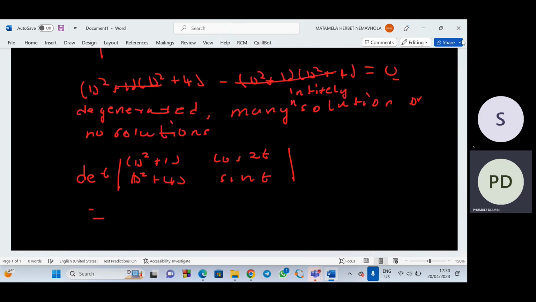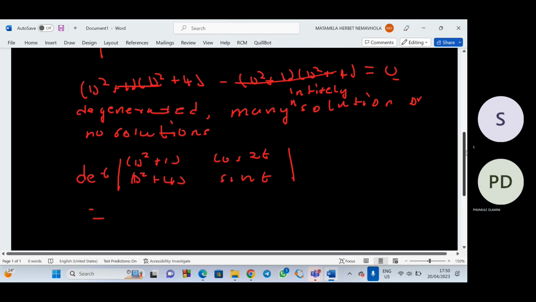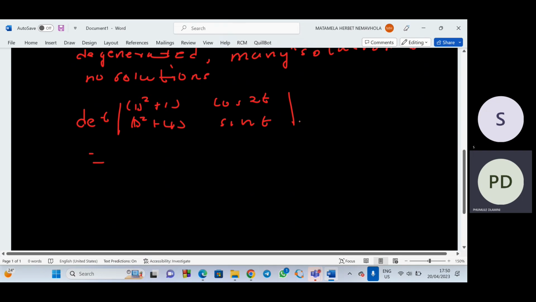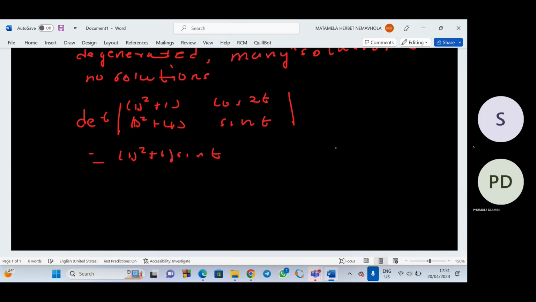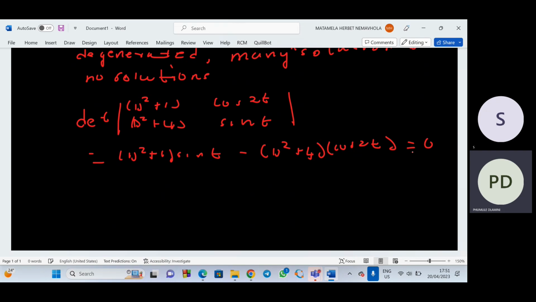Then when we work this out, it's a cross multiple: d squared plus 1 of sin t, minus d squared plus 4, multiplied by minus about the determinant, of cos of 2t. This one we must make equal to 0.